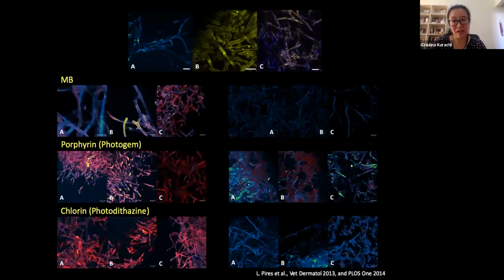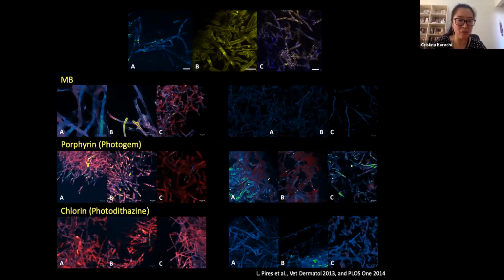When we checked confocal fluorescence microscopy, we knew the reasons, because those photosensitizers are highly fluorescent, so we can track and monitor the photosensitizer distribution. As you can see here, methylene blue has some interaction, but it results in a very heterogeneous distribution.